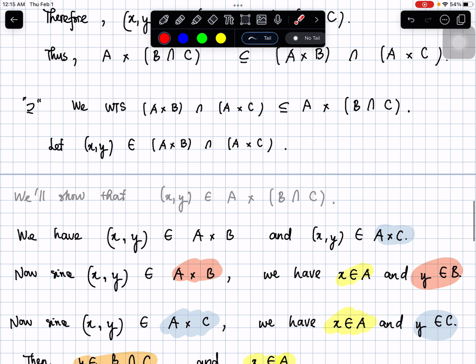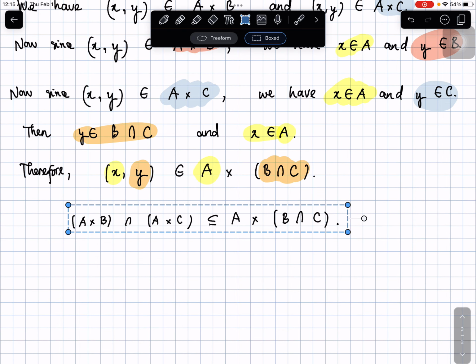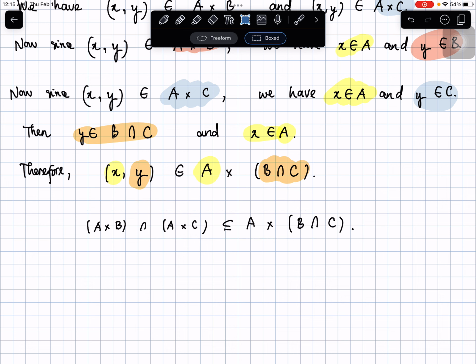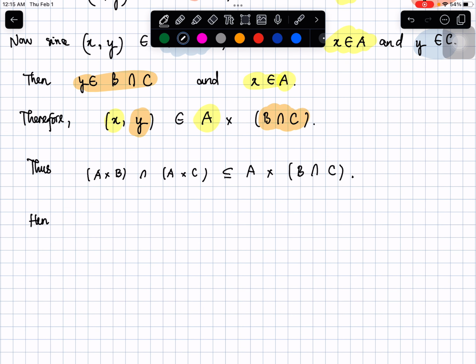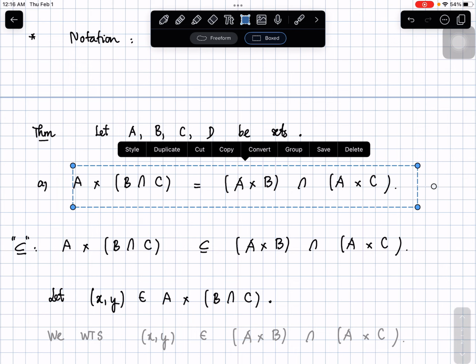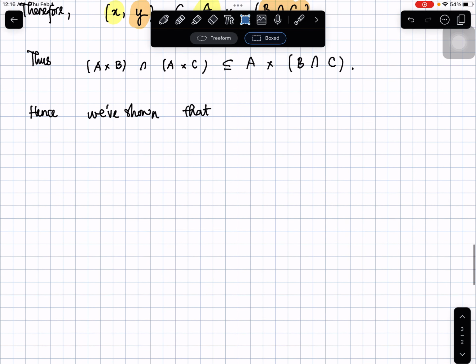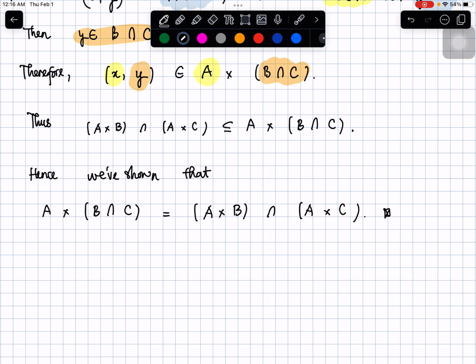And therefore we prove this part, which is the second containment we need to show, right? Hence we show that the two sets are equal. So we finish the proof of this theorem. Okay, so this is how we prove it for Cartesian products.